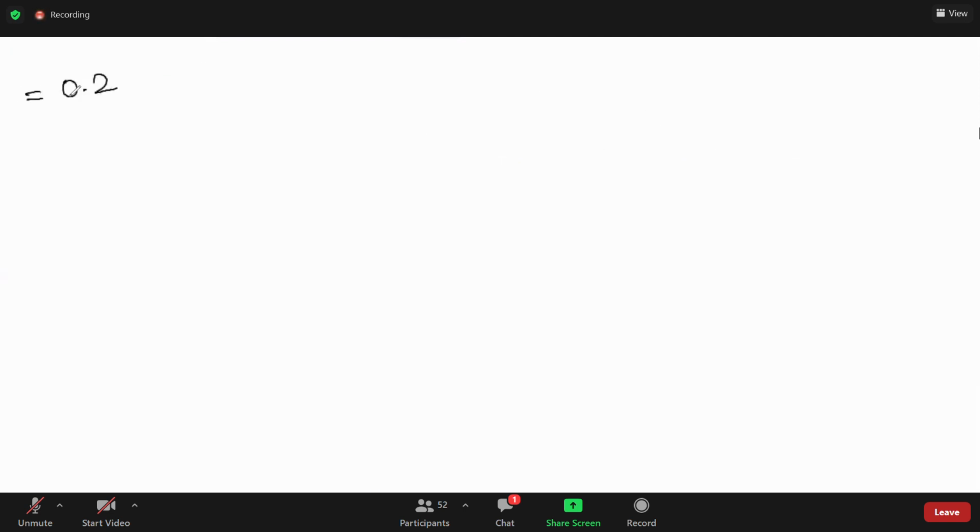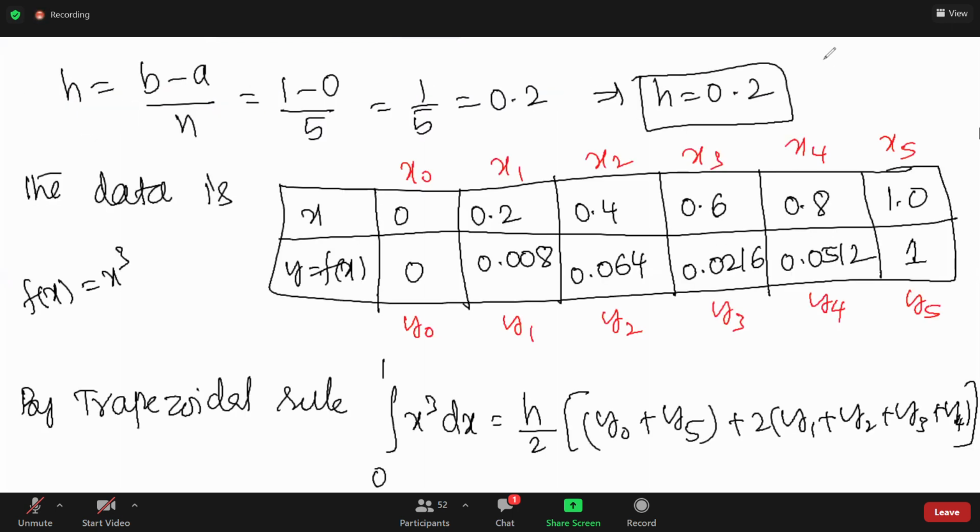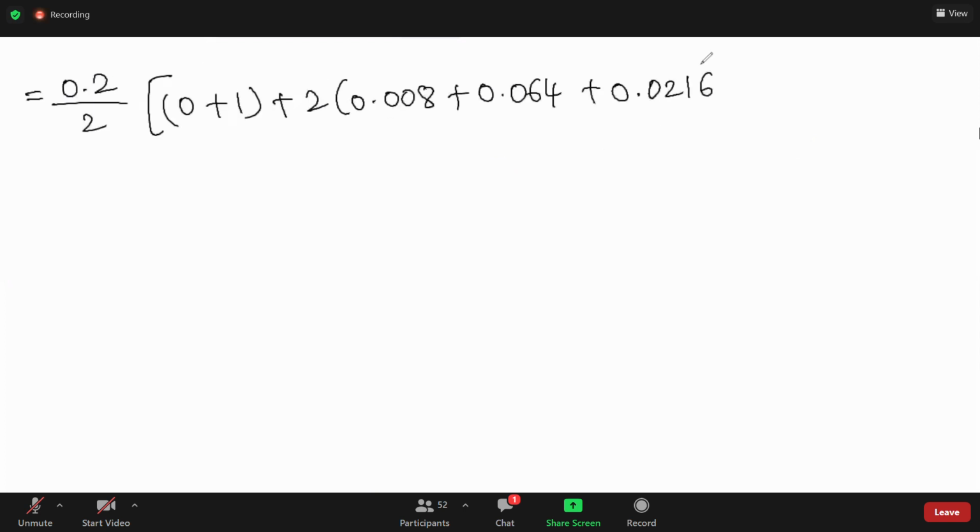So the h value is 0.2 by 2 into, first value is 0, last value is 1, plus 2 times the sum of remaining ordinates: 0.008, 0.064, 0.216, plus 0.512. Three digits only. Just simplify.